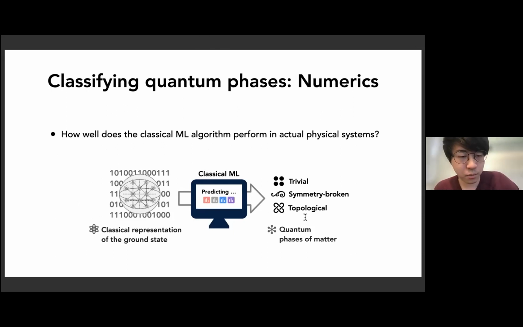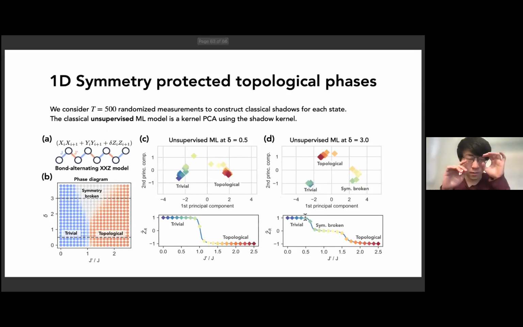So now we're going to see how well the proposed classical ML algorithm performs in actual physical systems. The first example we're going to look at is a one-dimensional symmetry-protected topological phase. Here, we're going to consider 500 randomized measurements to construct classical shadows for each state.